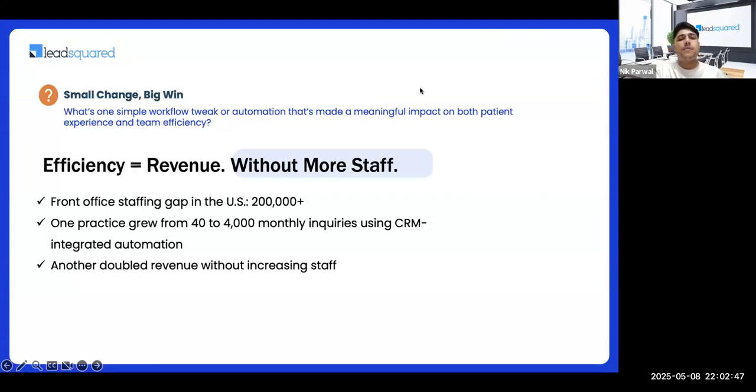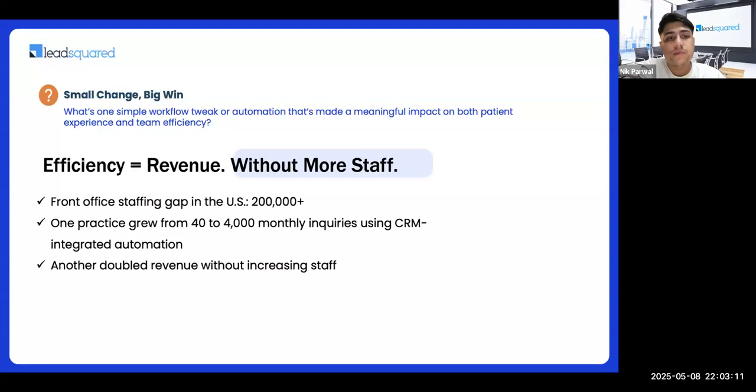I think moving on to, we spoke about efficiency a little bit earlier, but how can efficiency equate to revenue, right, without adding more staff? And bringing in small changes that can have bigger impacts, and how can SaaS or bringing in a tool like a CRM help boost that?